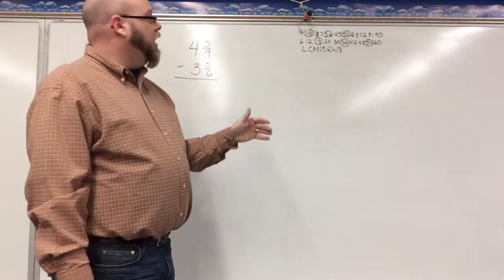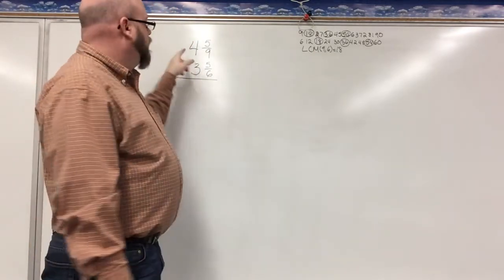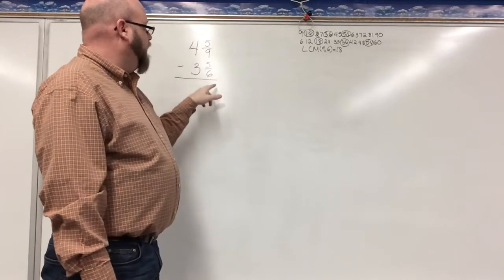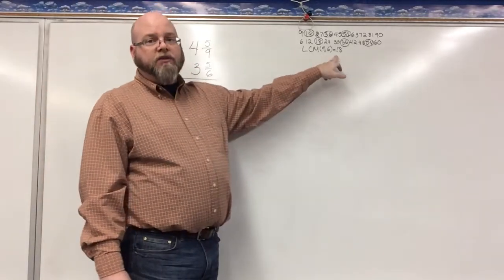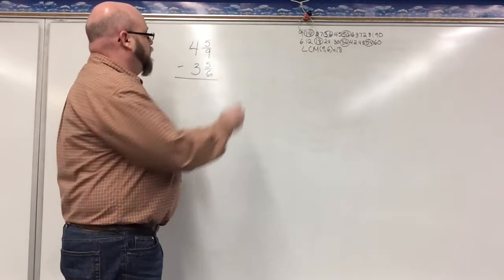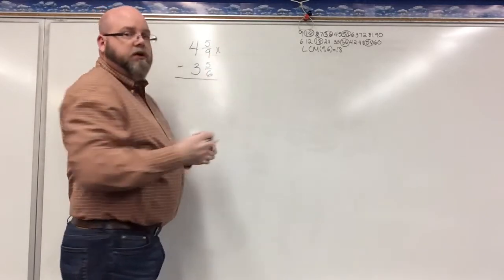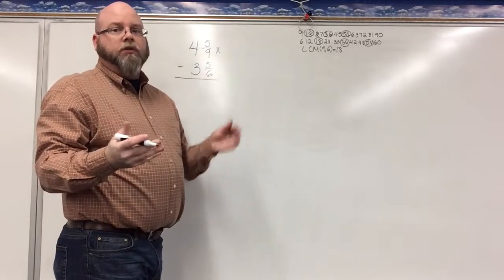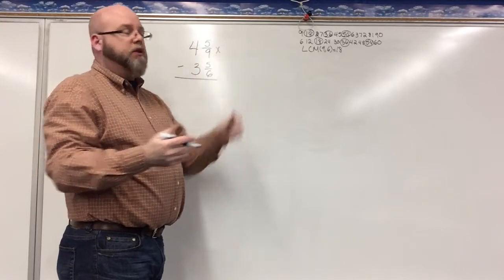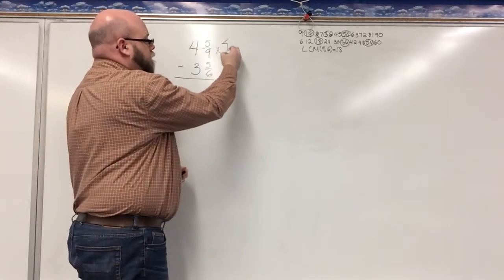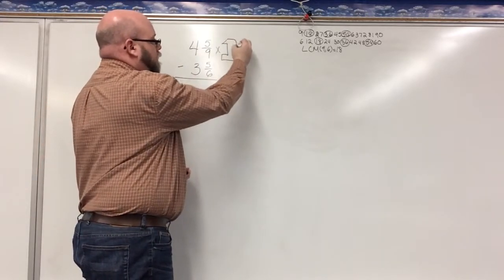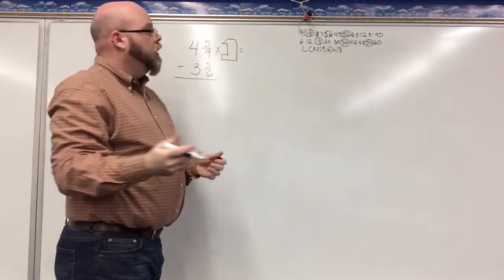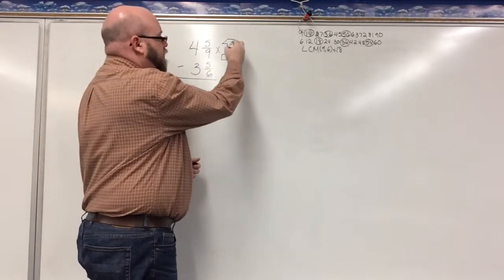So that means the least common denominator that we're going to use for 4 and 5 ninths minus 3 and 5 sixths is also 18. So we're going to multiply 4 and 5 ninths times a fraction equal to 1. Well, 9 times 2 gives me 18.